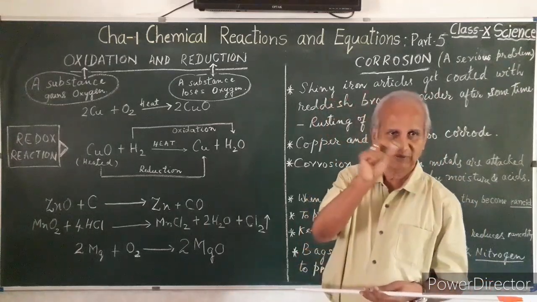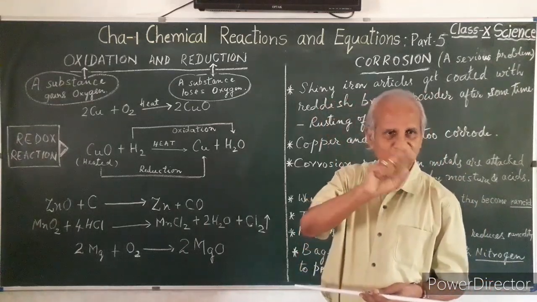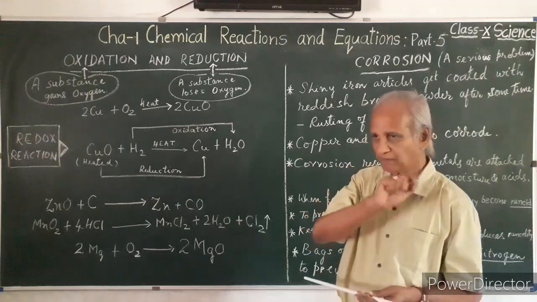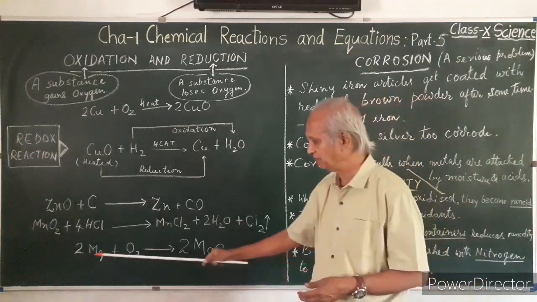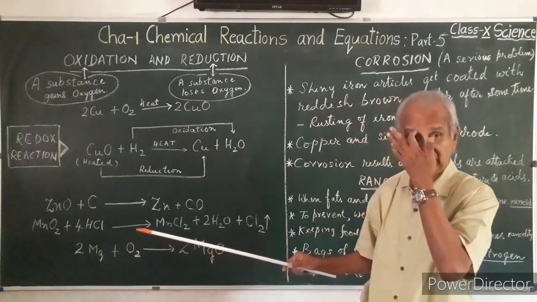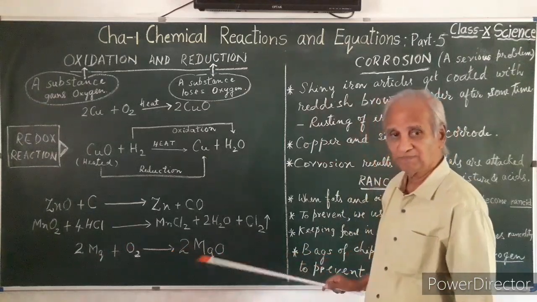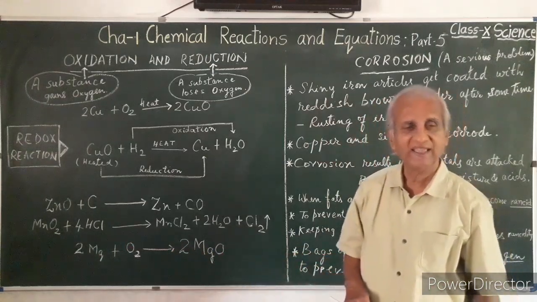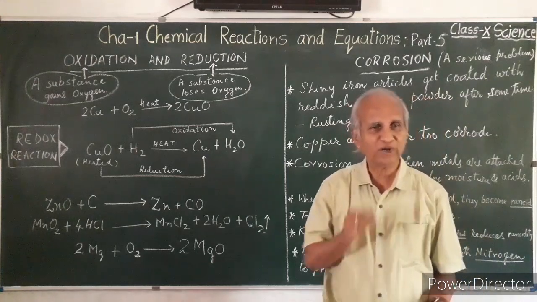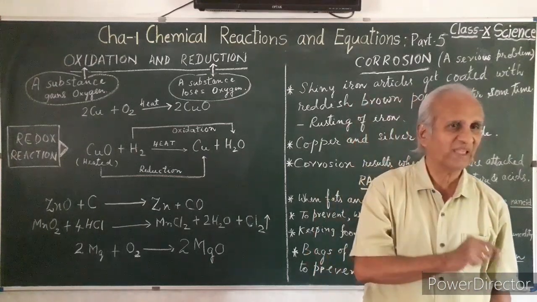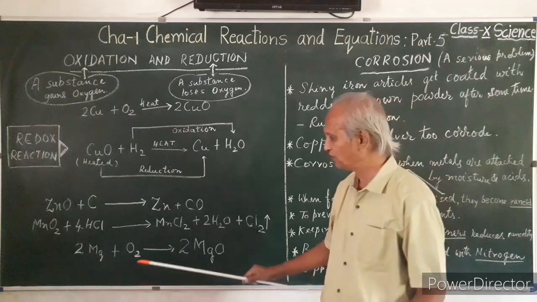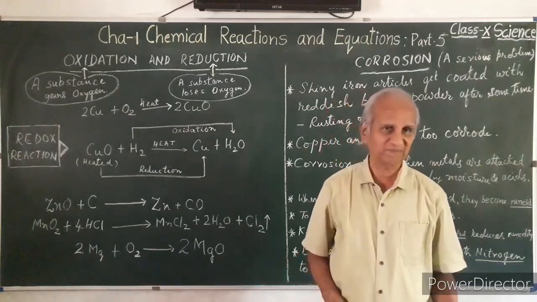The carbonate coat on the magnesium has to be removed and let it burn. Magnesium takes oxygen, it becomes magnesium oxide. It is a clean example of an oxidation reaction.